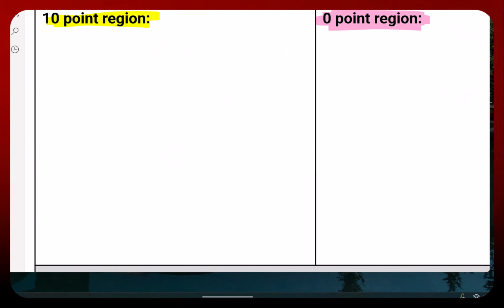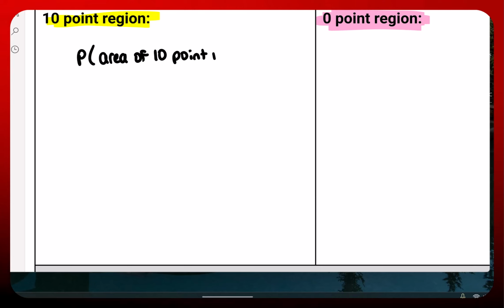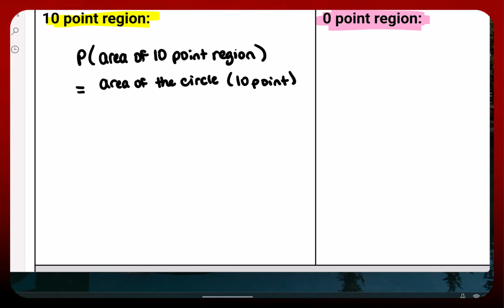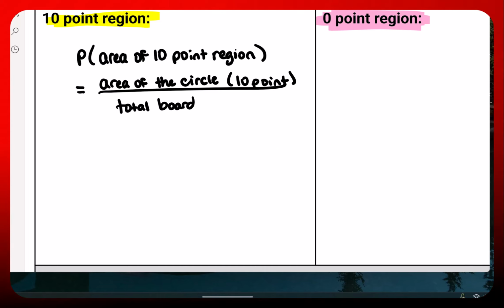So what we're going to do is find the probability of the area of the 10-point region. Okay, that is going to be equal to the area of the circle, specifically the 10-point circle, and we're going to divide that by the total board area.